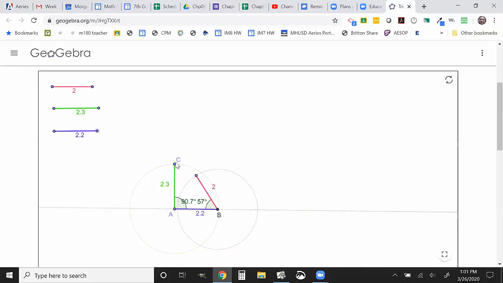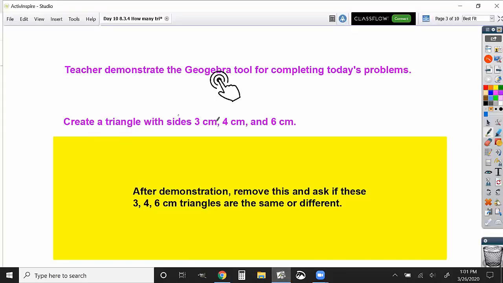I need you to also adjust those angles. Remember yesterday we could move the angles around until we get that triangle. So take your computer, pause for a moment, and please make a 3, 4, 6 centimeter triangle.